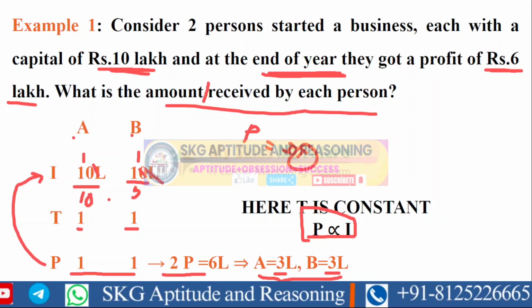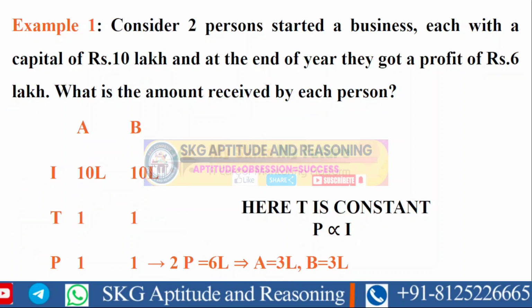What is the ratio? Here the ratio is 2 is to 1. In this ratio the profits are shared, which means 3 parts equal 6 lakhs. So A will receive 4 lakhs and B will receive 2 lakhs as profit.